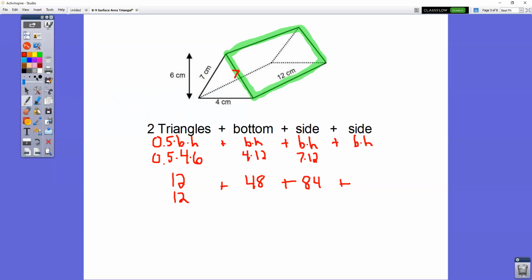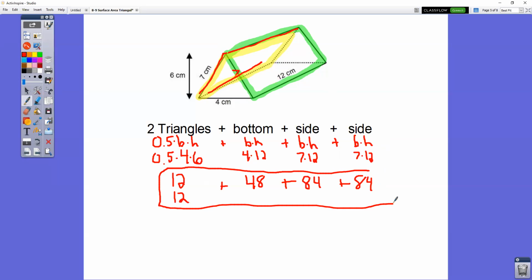The other side is actually the same exact rectangle. It is again 7, and this length is 12, either way that you want to do it. So again, we have another 7 times 12, which is 84. Take and add together all 5 of those numbers, and you should get 240.